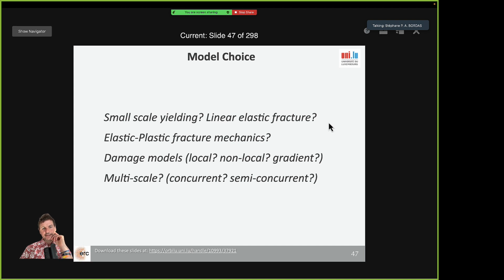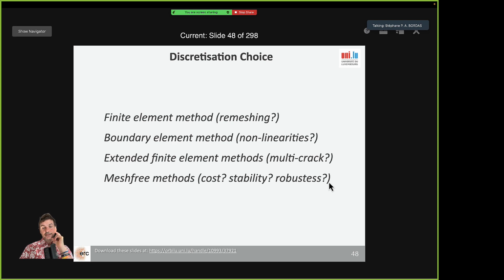So that could be linear elastic fracture. But we could have elastic plastic fracture where the plastic zone is much larger than in the case of elastic fracture. Finally, we could decide about damage models that are local, non-local, or gradient-based, or we could work on multi-scale approaches. And these multi-scale approaches, as we will see, are either concurrent or semi-concurrent or adaptive. And this is something we'll talk about.